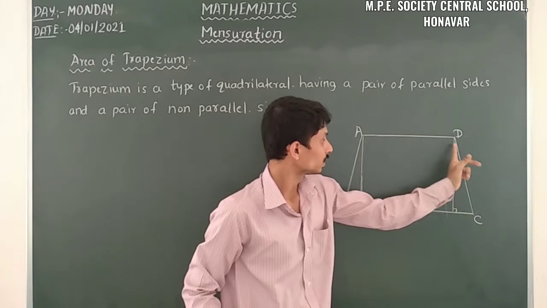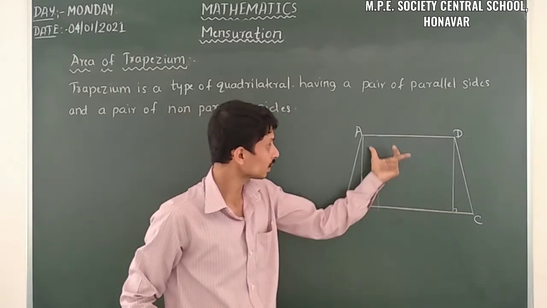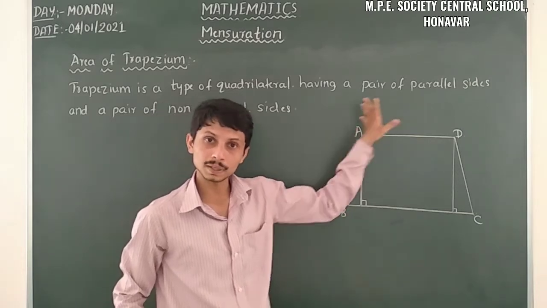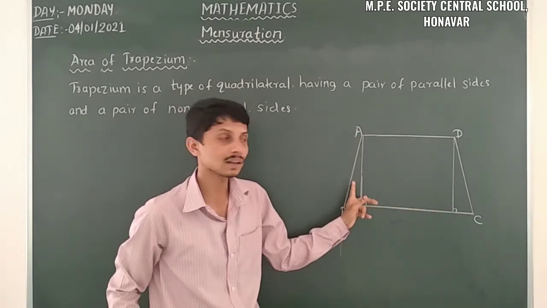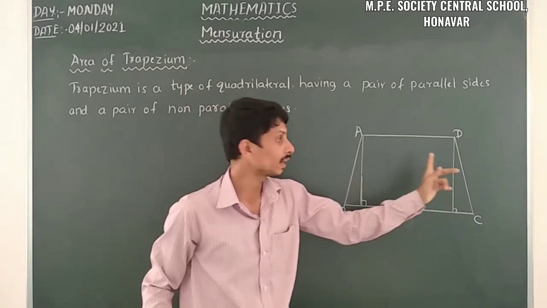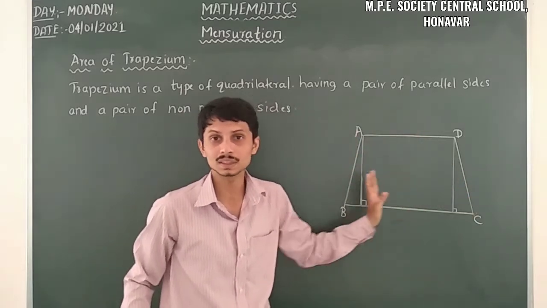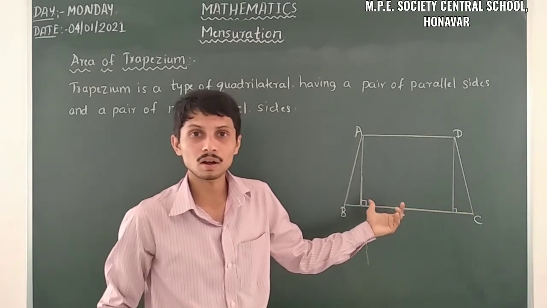When I construct another perpendicular distance like this, it forms another triangle, and between these 2 perpendicular heights we have a rectangle. So this complete closed figure is the sum of the area of this triangle, the area of this rectangle and the area of this triangle. Taking the sum of these 3, we can easily find the area of the trapezium.